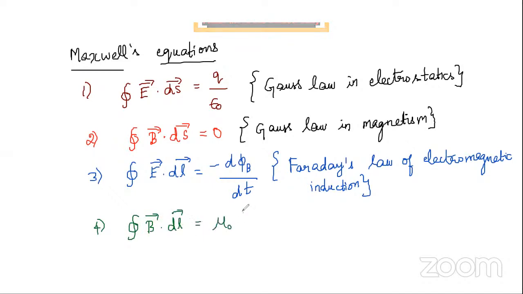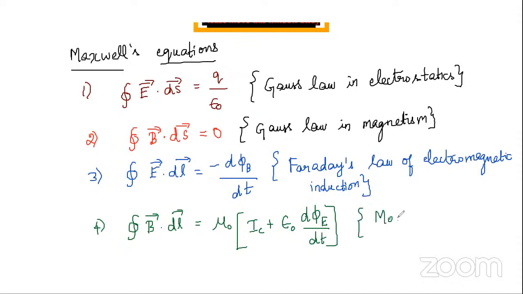So it is mu naught into Ic plus epsilon naught into d phi E by dt. This is the modified Ampere's circuital law.